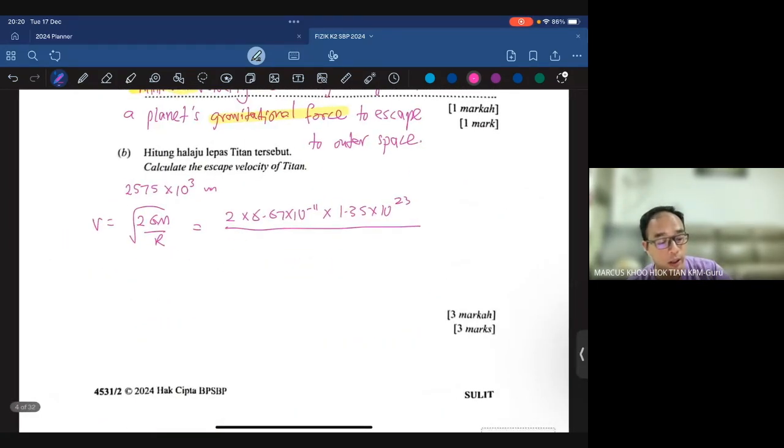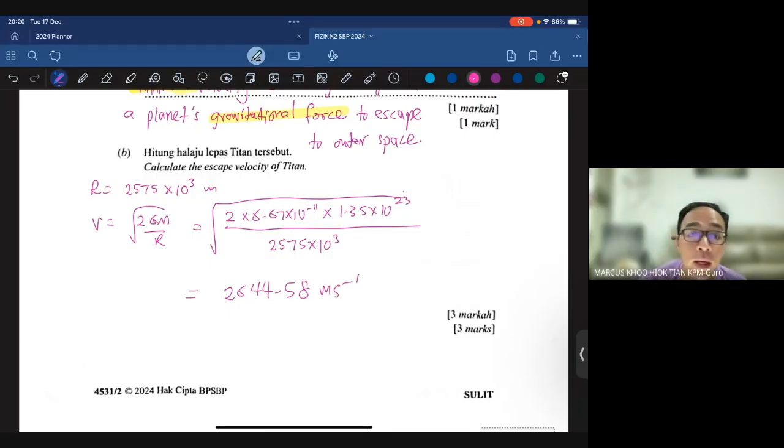Oh yeah, we already did this, R. 2575 times 10 to the power of 3, the whole thing square root. So if you calculate everything correctly, you will get 2644.58 meters per second. This is of course 1 mark. The final answer with the correct unit is 1 mark.